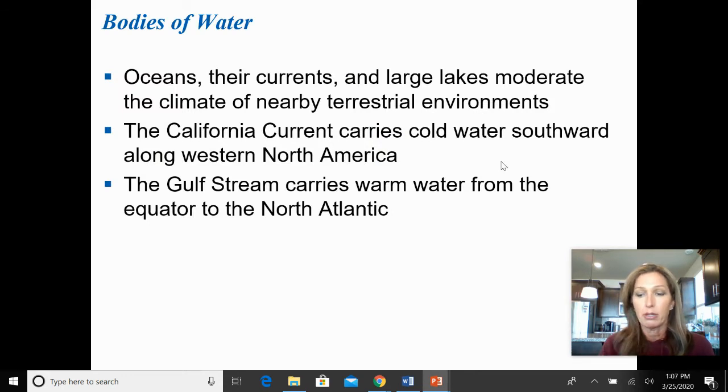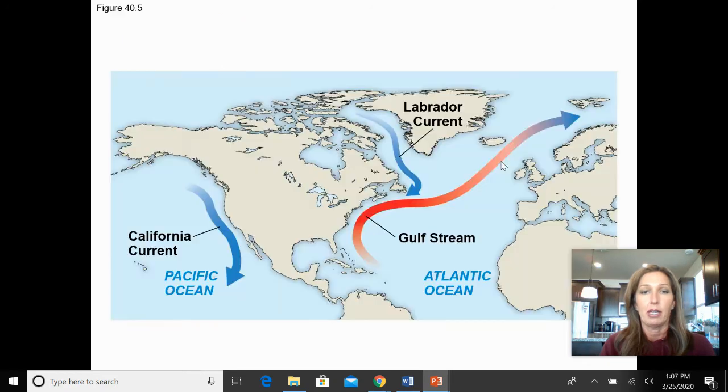Now, bodies of water also influence climate as well. So in California, we actually happen to have a very mild climate. In our particular area, we do get highs up into about 100 degrees Fahrenheit, but our lows sometimes get down to freezing. But if we look at our climate, however, our climate is going to be pretty stable. About 60 degrees Fahrenheit is our average climate temperature.